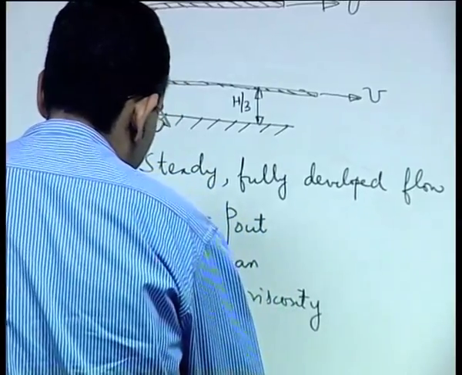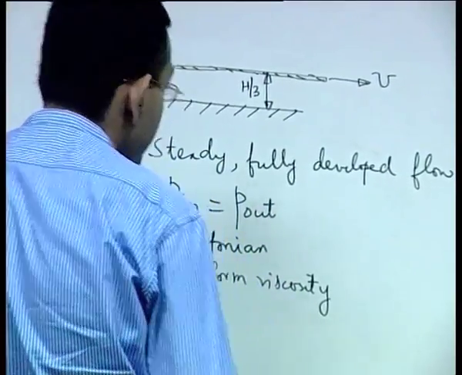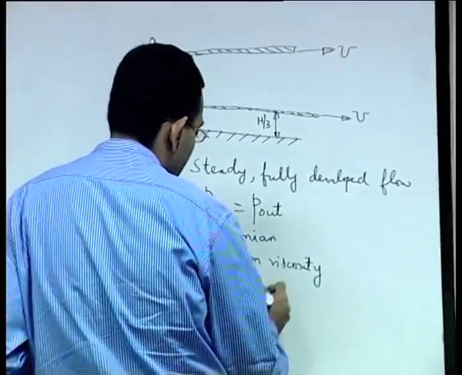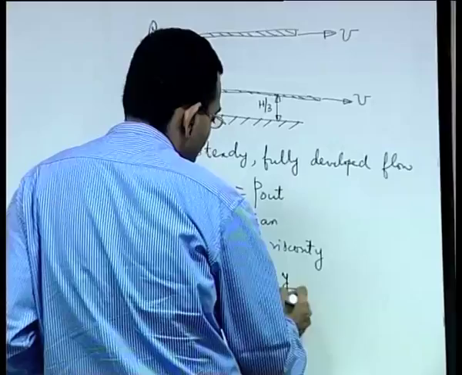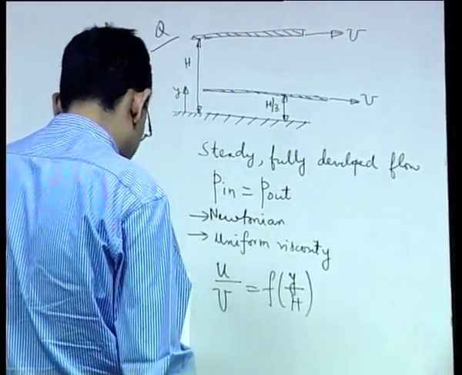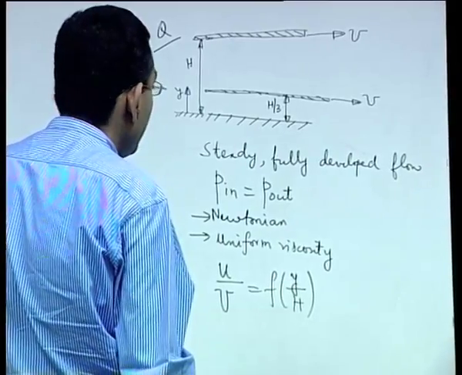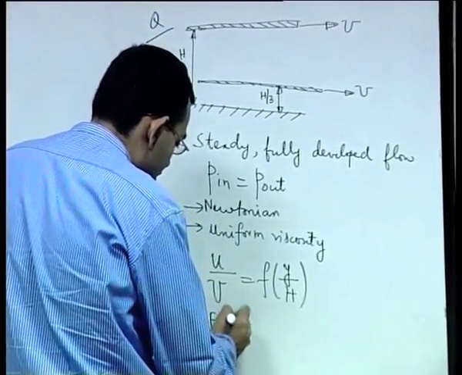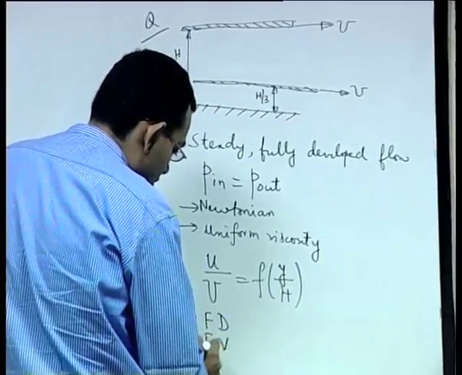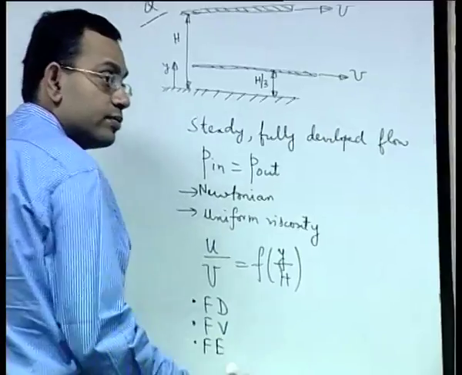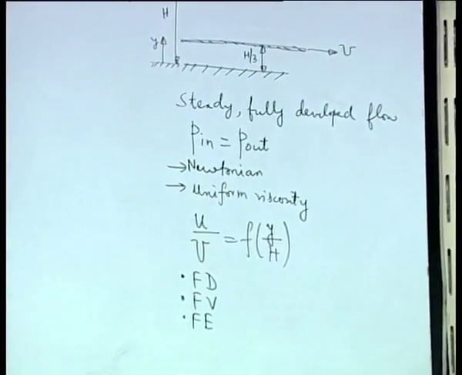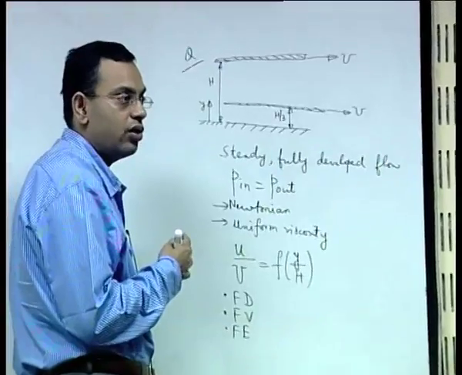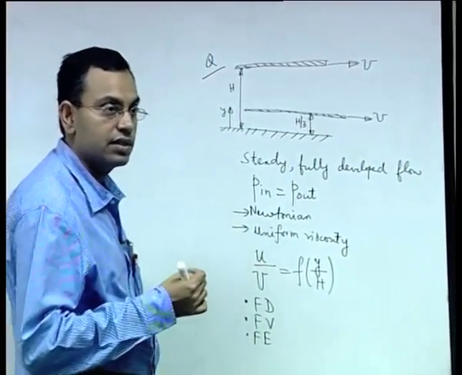You have to determine the velocity profile, that is small u, which is the velocity along the x direction, divided by capital U as a function of y by h. This you have to find out using finite difference, finite volume and finite elements methods. You can take any arbitrary choice of the grid layout or the mesh layout as per your convenience.